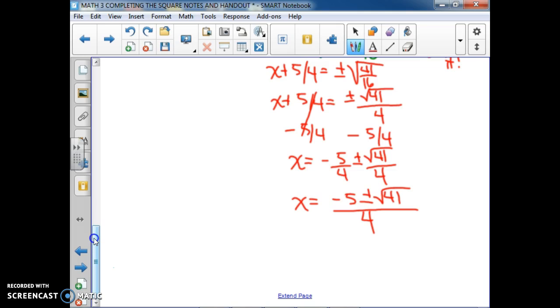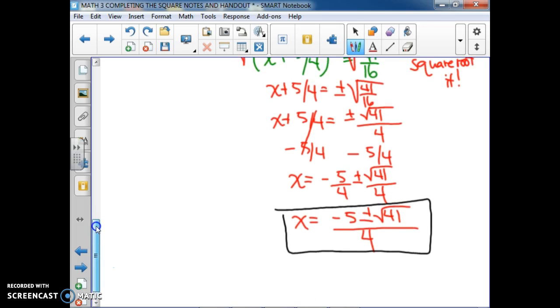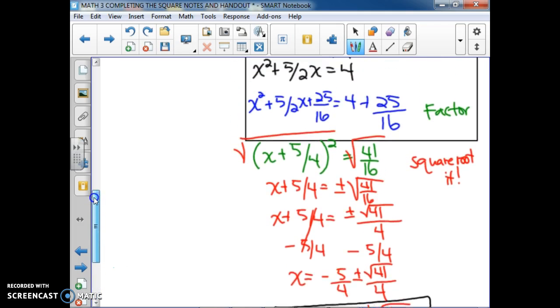This represents my two solutions: negative 5 plus the square root of 41 over 4, and negative 5 minus the square root of 41 over 4. Now let's go back and talk about the vertex as well.